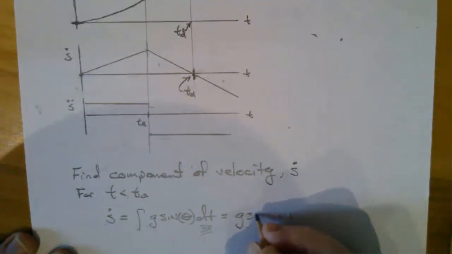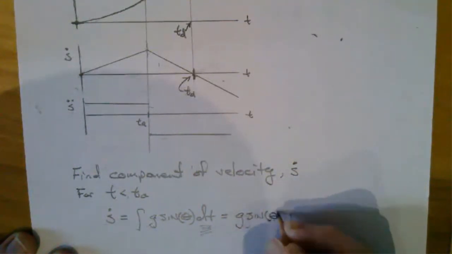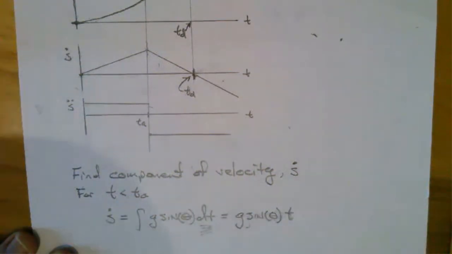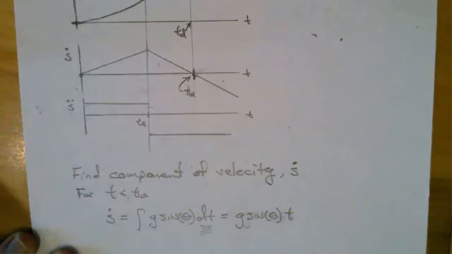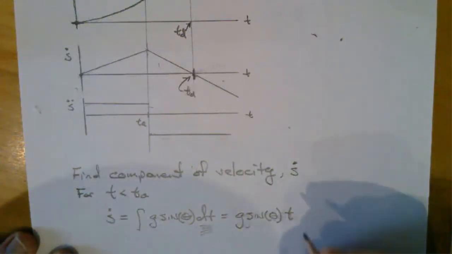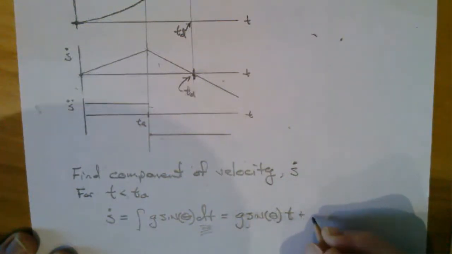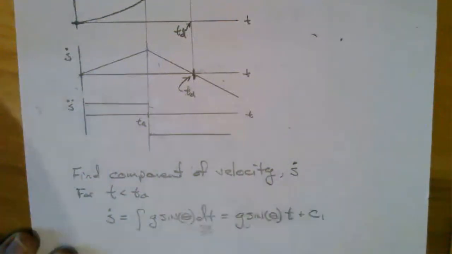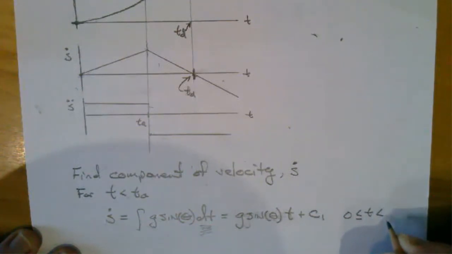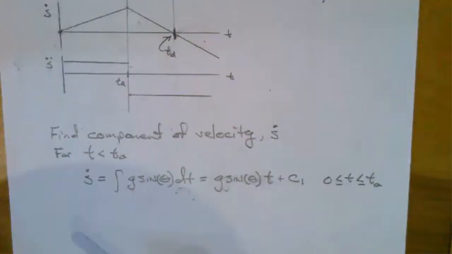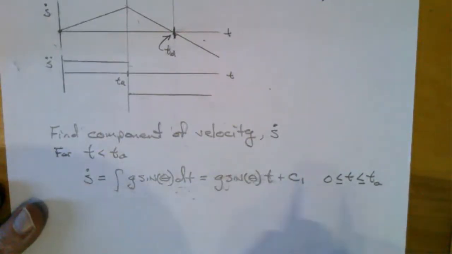So what I have here is g sine theta t. Yeah, there's the integral, right? And I've written this as an indefinite integral. So when you integrate, you also get this constant of integration, which I'll call C1. And again, this is valid from time equals 0 up through time Ta inclusive. So now the question is, what are we going to do with this constant?